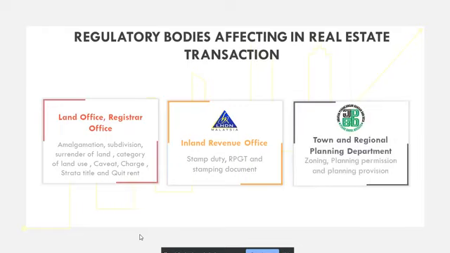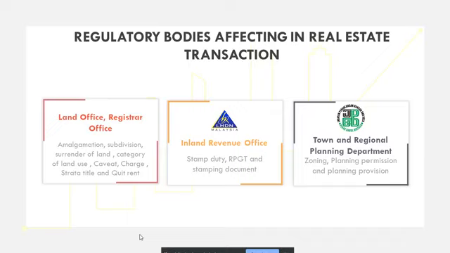Next is the Town and Regional Planning Department. This is the place where we check the zoning, the planning permission and planning provision. Planning permission and planning provision are more towards the development of the land, development of the property. Even if it is for selling land, we should check the client's title and the zoning, so that we can see what potential can be made on the piece of land in the future.